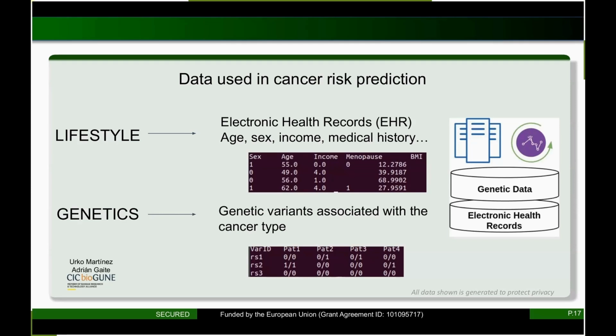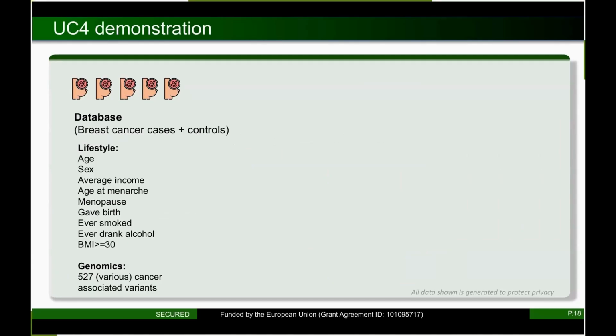So once you do all of this processing within your specific hospital, you gather this genetic data database and electronic health records database, and this means you are ready to be training the model. So once again, to walk you through what this means: you have to gather your database, and it's going to be a database that is full of data. It needs to be a lot of patients' information. You need to include, when we are showing the example of breast cancer, both the cases as well as the controls.